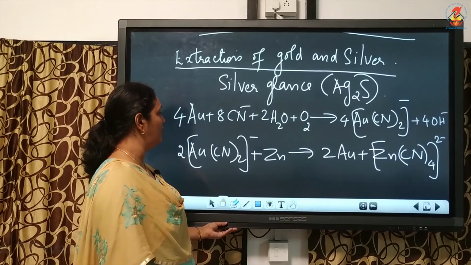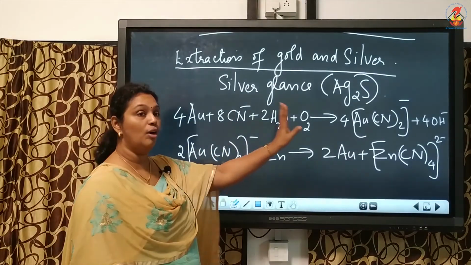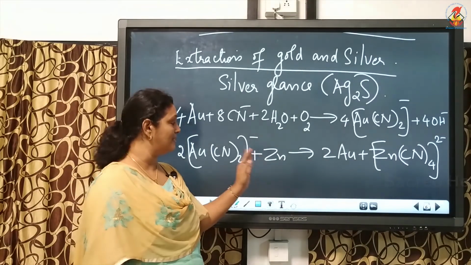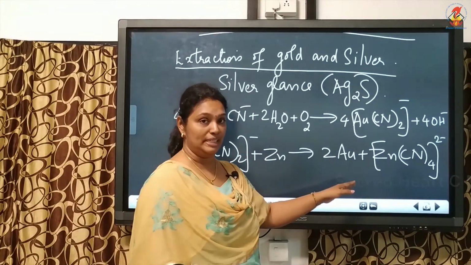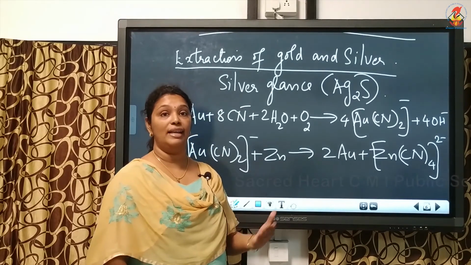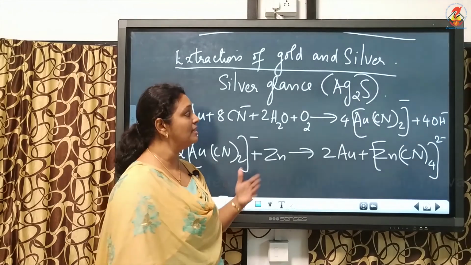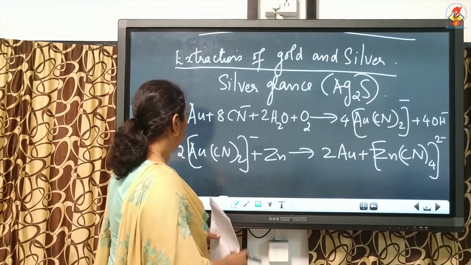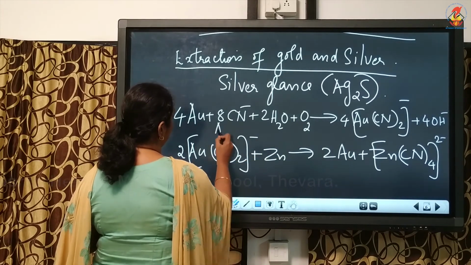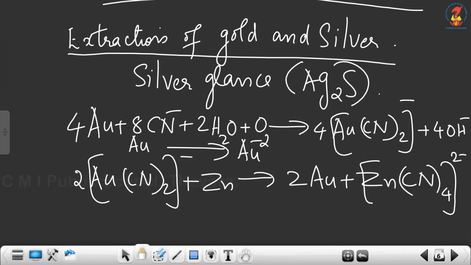The first equation is dissolving gold in sodium cyanide to get a complex. Second is replacement of gold with a more electropositive metal, zinc, to get gold metal, and here zinc acts as the reducing agent. You can say that this is a redox reaction because both oxidation as well as reduction take place. In the first equation, Au gets oxidized to Au plus.